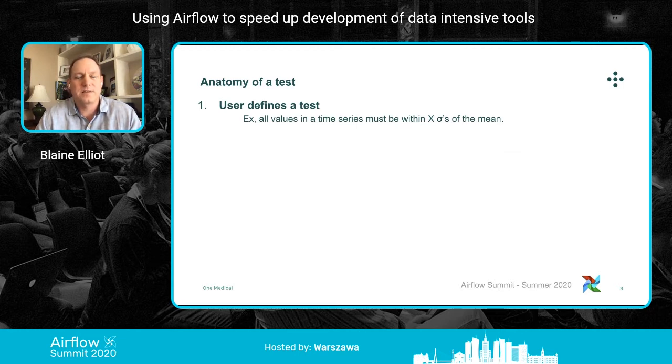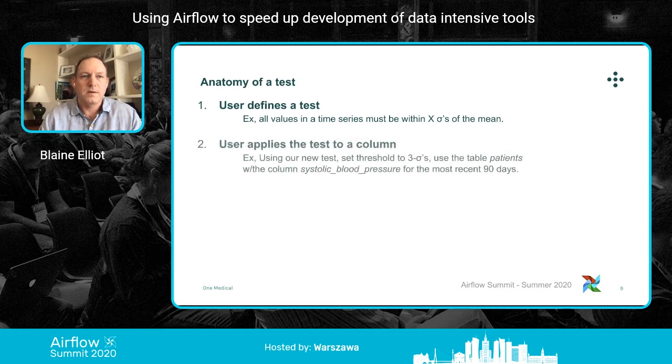And so in this case, just for the context of what this tool does for testing, the first step for testing is, you define an agnostic test. Let's say, analyze all values of a time series, and it must be within X standard deviations of the mean. The second part of that process is we have to apply this test.